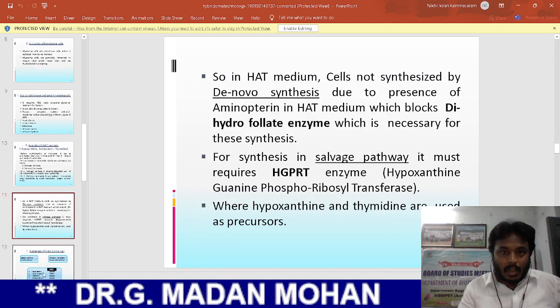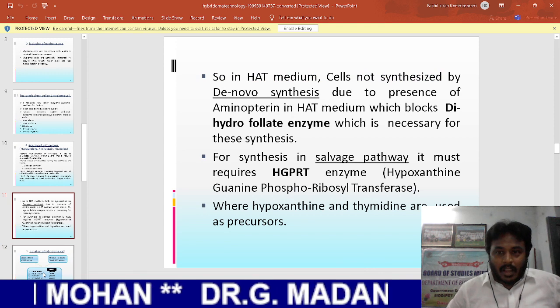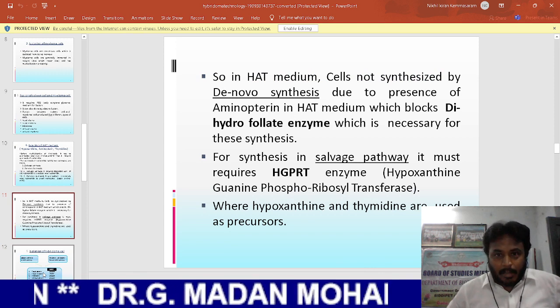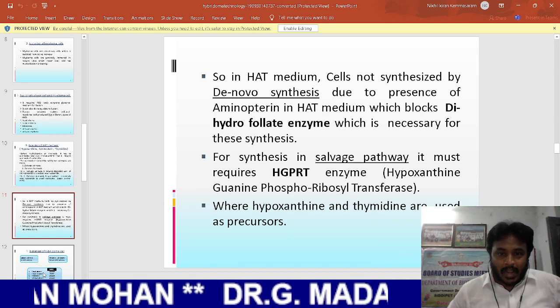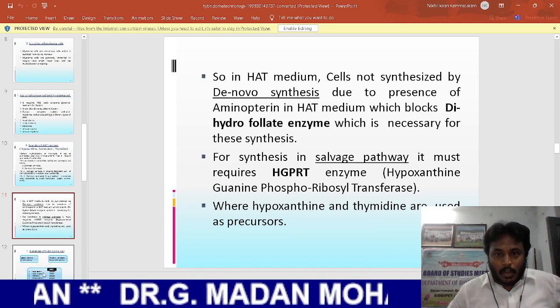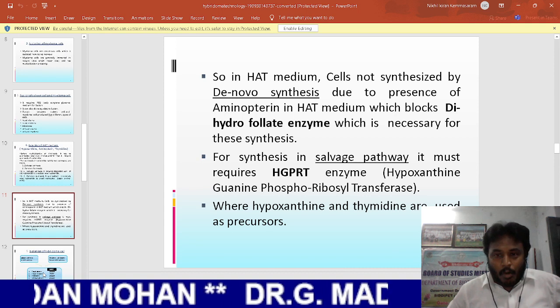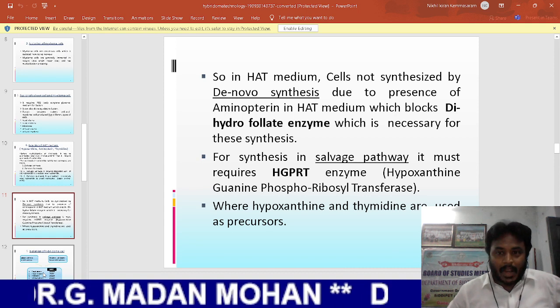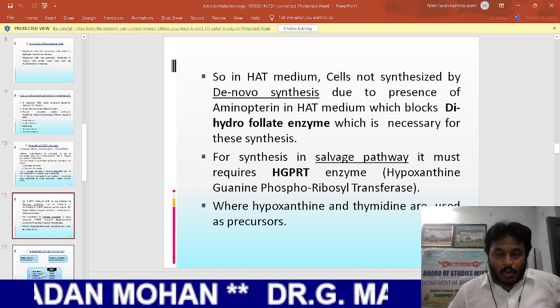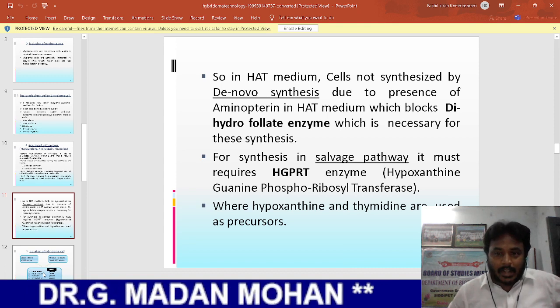By using either of these, we can select hybridoma cells from other cells. Generally hybridoma cells are selected by using HAT medium. In HAT medium, only cells containing HGPRT will grow. So B lymphocyte and myeloma cell hybridoma cells will grow fast on HAT medium. The cells which grow fast in HAT medium are selected and used.